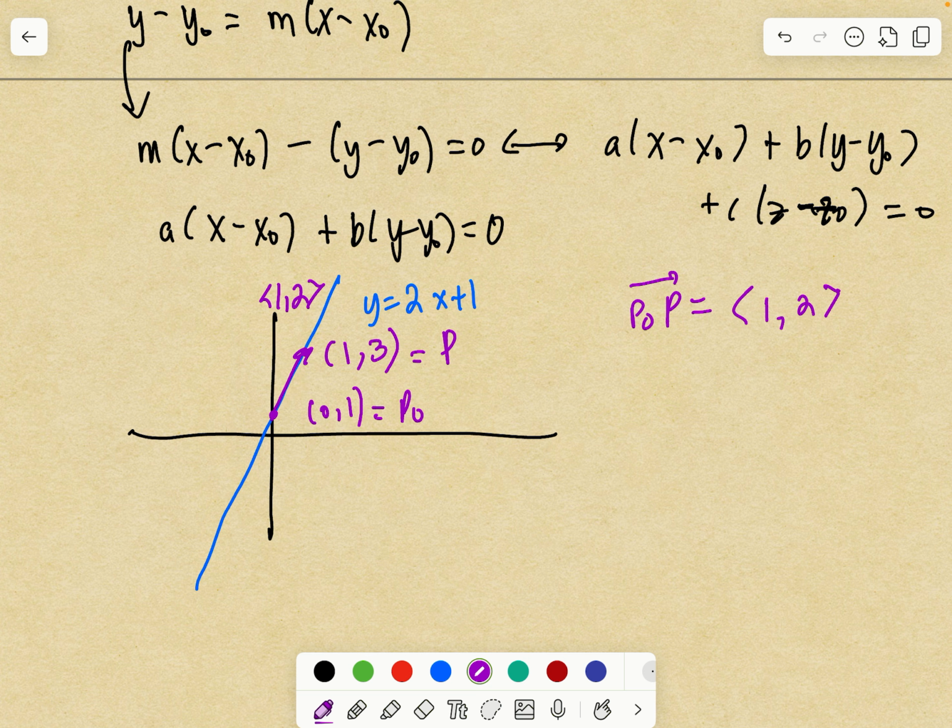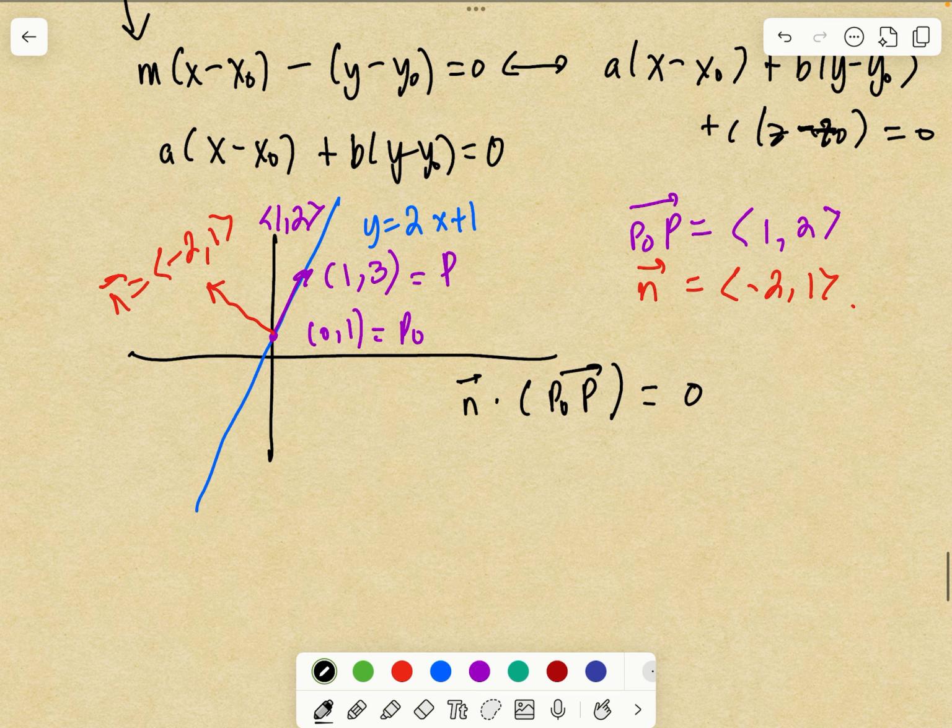And then you would want a normal vector. A normal vector is perpendicular to this line. And then your n would be negative 2, 1. So the equation of the line would be n dotted with this vector p naught p is equal to 0, which would mean that if you have the point p, instead of 1, 3, you just replace it by x, y.